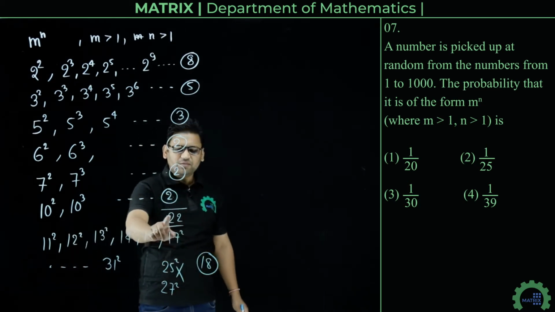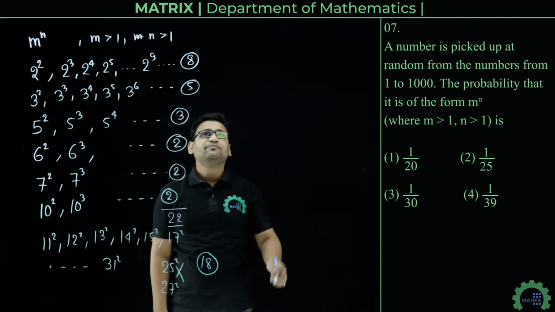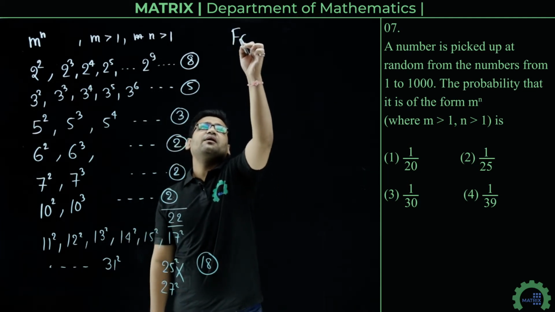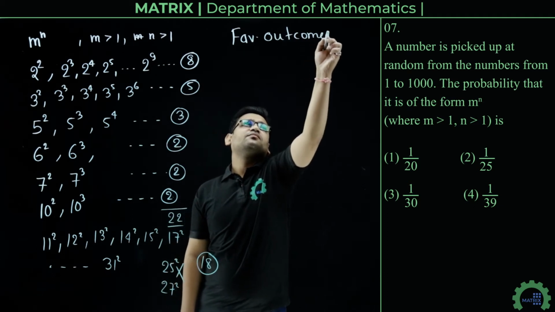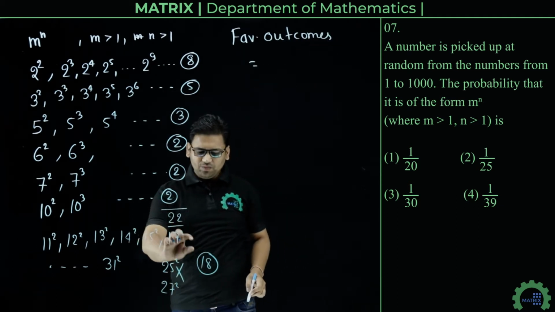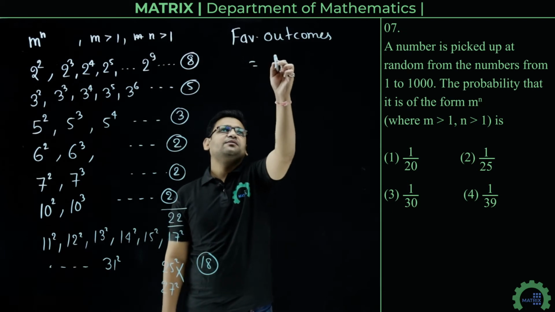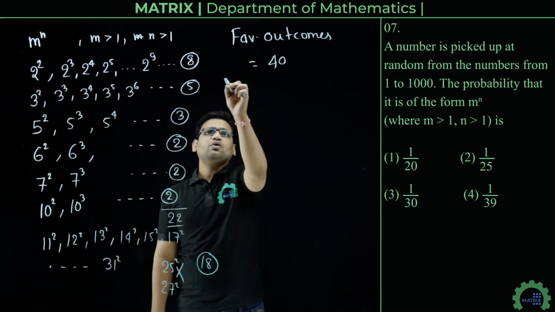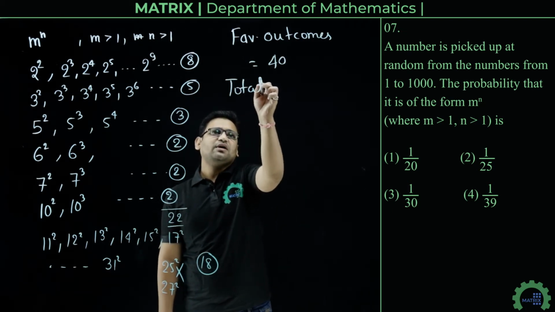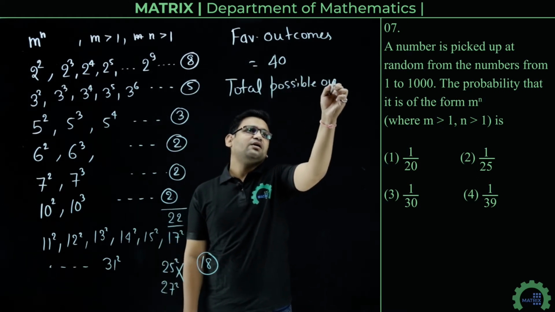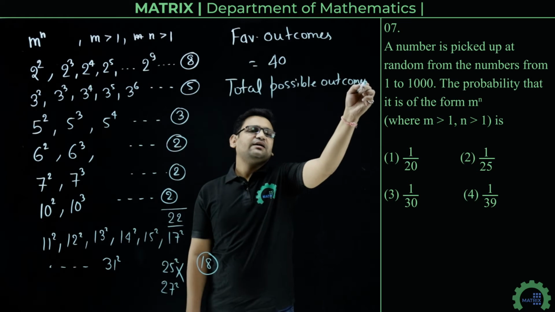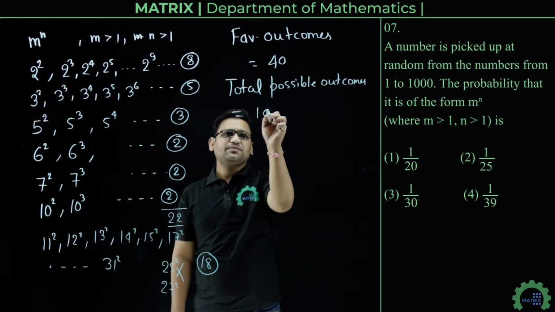So here the favorable number of outcomes are 22 plus 18. So we can write favorable outcomes are 22 plus 18, that is 40. And total possible outcomes, that are 1 to 1000, that is 1000.